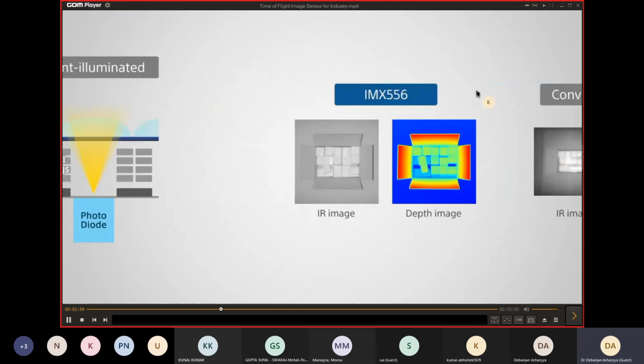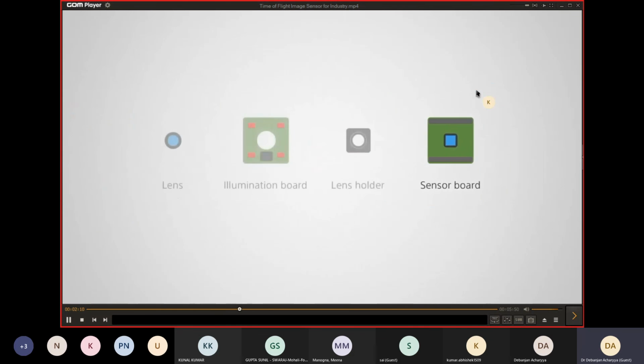These technologies allowed the Sony TOF sensor to realize outstanding performance. Along with the sensor, a TOF camera's performance also depends on the lens, laser diode, and processor, etc.